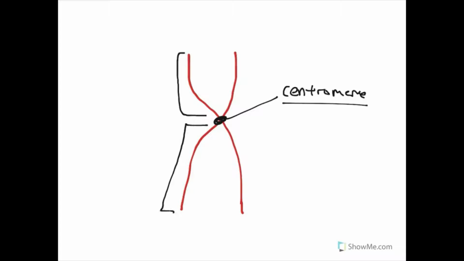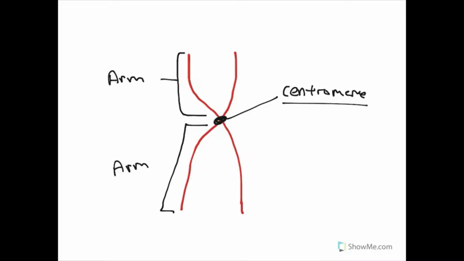And these cohesins that hold it together are at this thing called a centromere. And the centromere holds the 2 chromatids together. Now, on each chromatid, there is a region of a chromatid that sticks out past the centromere. These are referred to as chromosome arms.